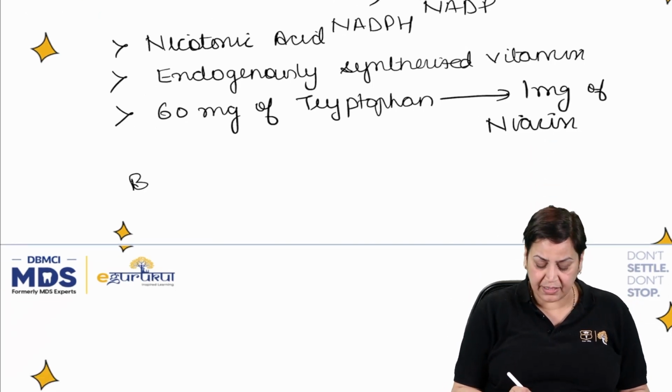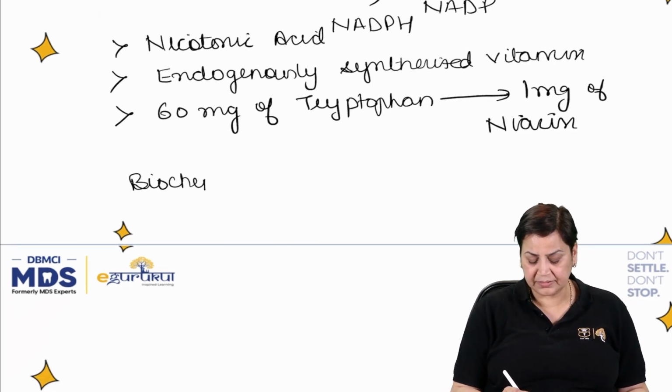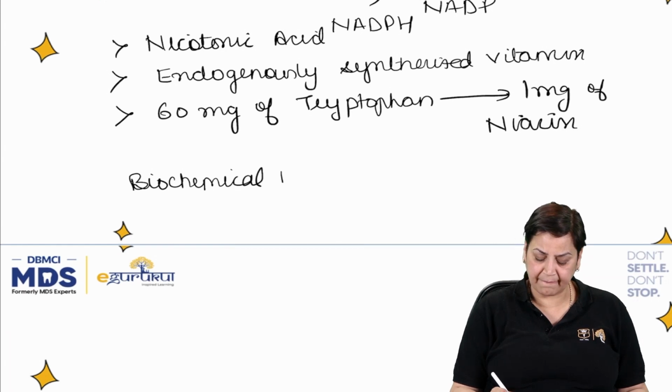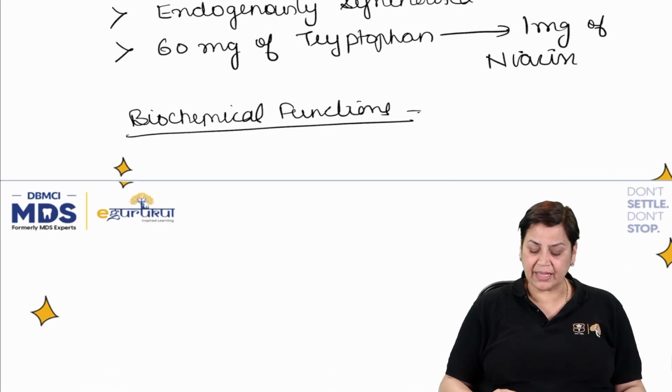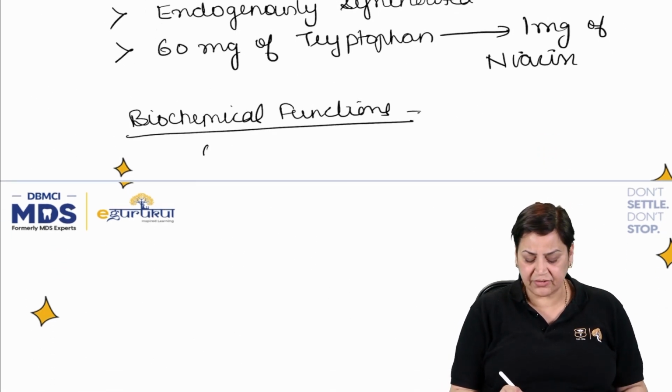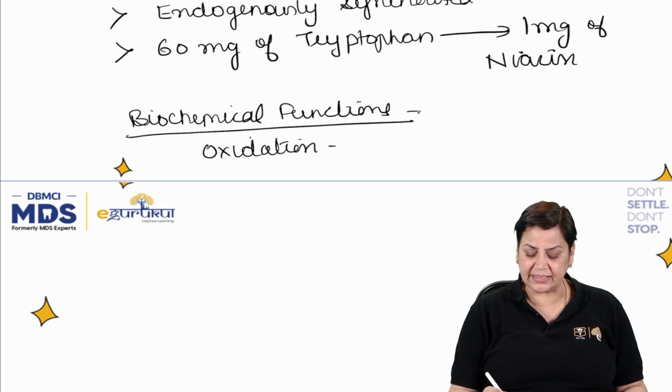So many biochemical functions are there. If we talk about the biochemical function, in oxidation and reduction reactions, you have seen so many reactions in which it is used as a reductant.